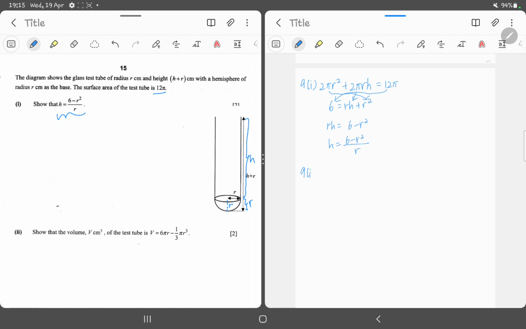For 9 part 2, we are required to show that the volume V cm cubed of the test tube is V equals 6 pi r minus 1 over 3 pi r cubed. First we find the volume.